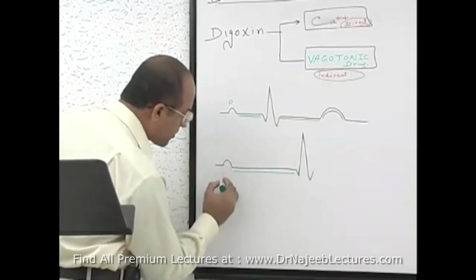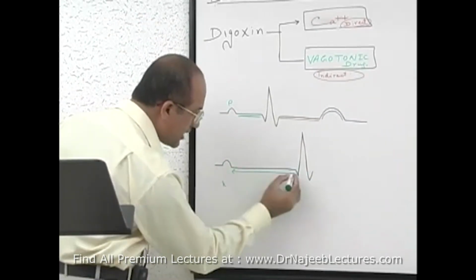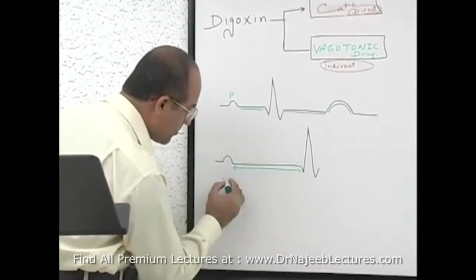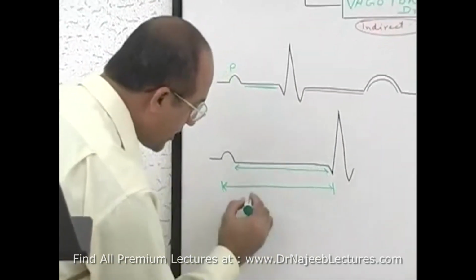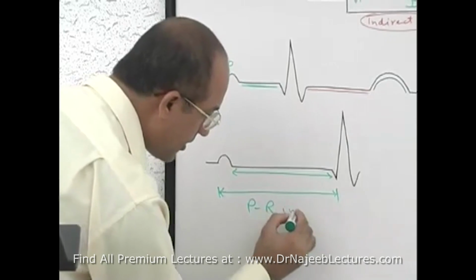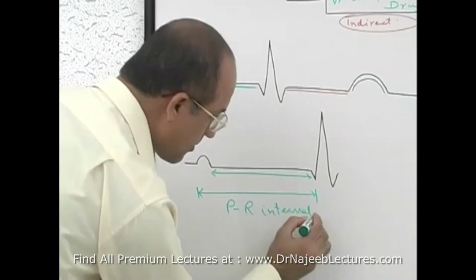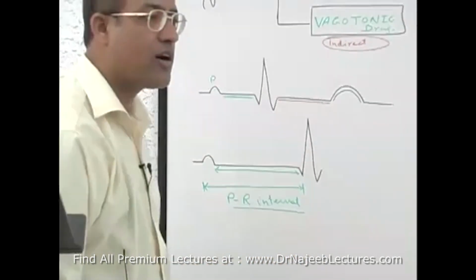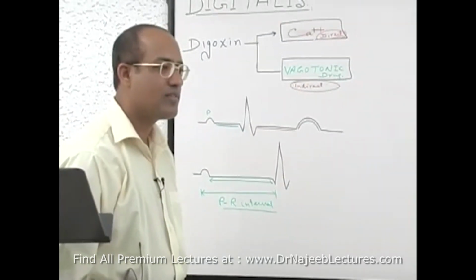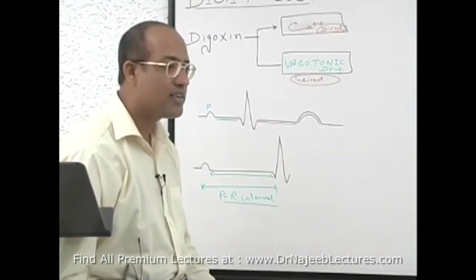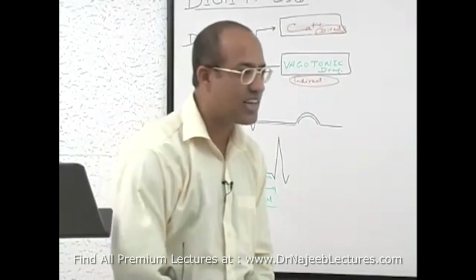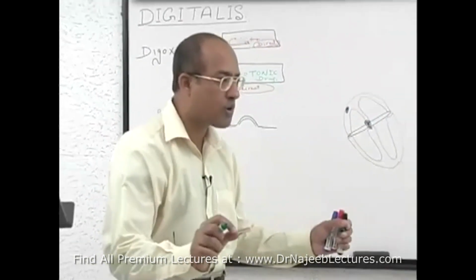So what is happening is that the PR segment is prolonged in the time scale. If you put the P wave also with it, it becomes the PR interval. So will the PR interval be shortened or prolonged? Prolonged. So patients who are digitalized may have PR interval prolonged.